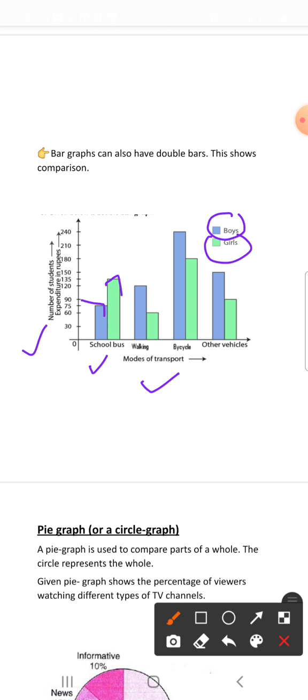Here walking expenditure of boys is about 120 and expenditure of girls about 60. So this is the comparison between boys and girls expenditure on various modes of transport. So this can also be the representation of data. This is called double bar graph.